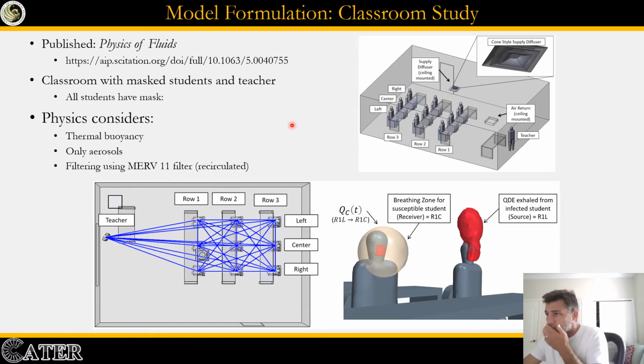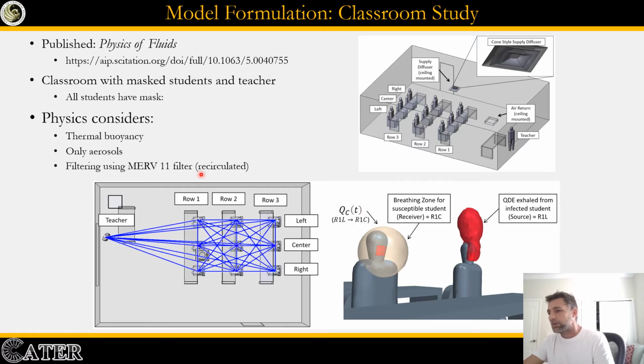So in the context of this room, one thing I want to mention is we studied this in the context of hypothesizing that any of the students or the teacher could be sick and they could transmit it to any of the other students or teacher. So for example, if we look at this student here in the third row left seat, he or she has the ability to transmit to any of the other students or the teacher.